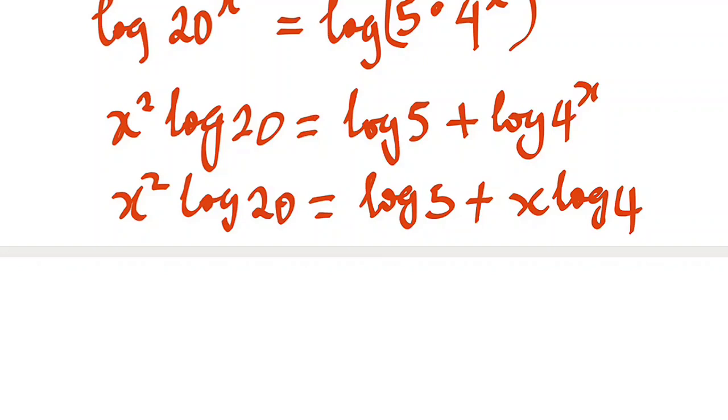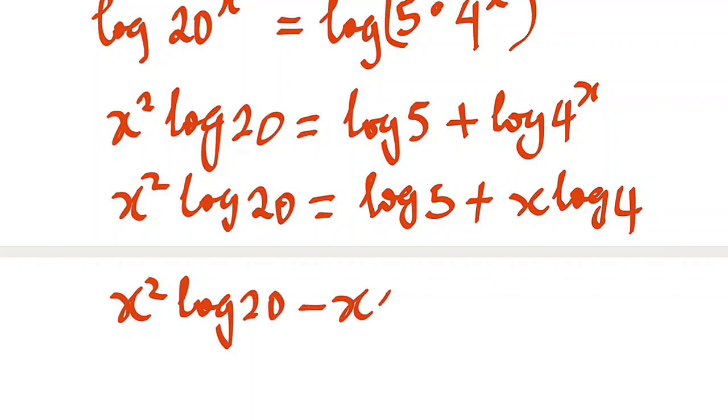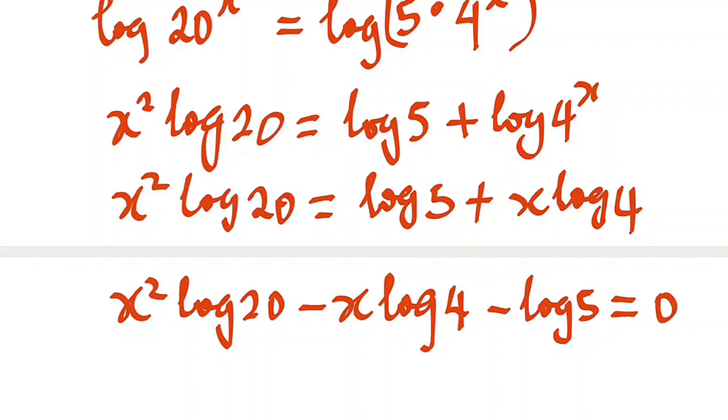The next thing we're going to do is transpose this to the left hand side. So we're going to have x squared log 20 minus x log 4. Then I will transpose this also to the left hand side, so that will turn to negative log 5. Then everything will turn to 0.